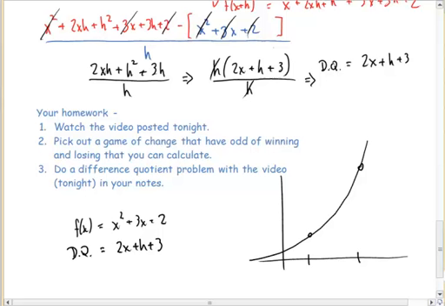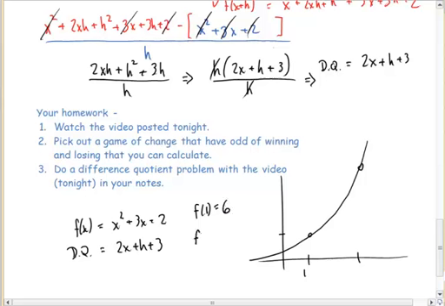For example, if I knew the point was at 1, the value of this function would be 1 plus 3 plus 2, that would be 6.